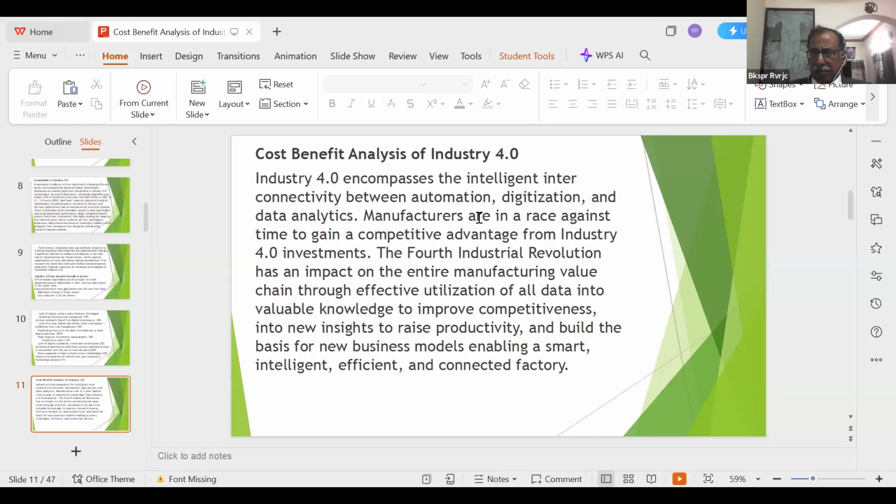The fourth industrial revolution has an impact on the entire manufacturing value chain through effective utilization of all data into valuable knowledge to improve competitiveness, into new insights, to raise productivity and build the basis for new business models, enabling a smart, intelligent, efficient, and connected factory.